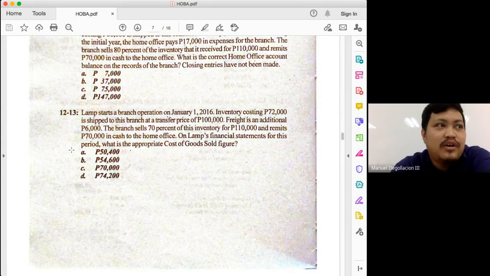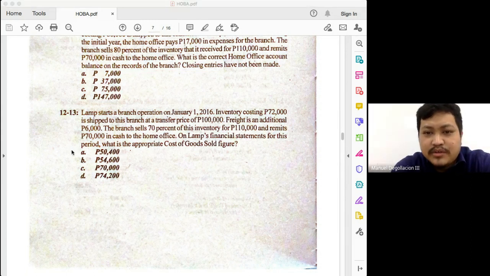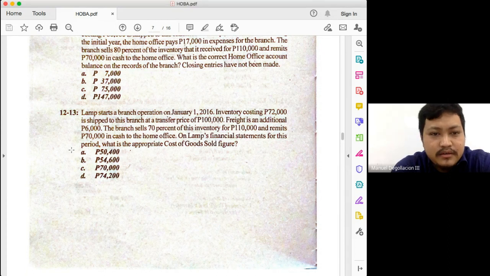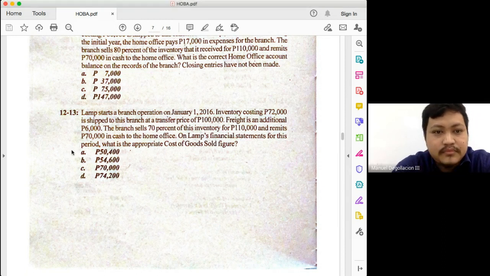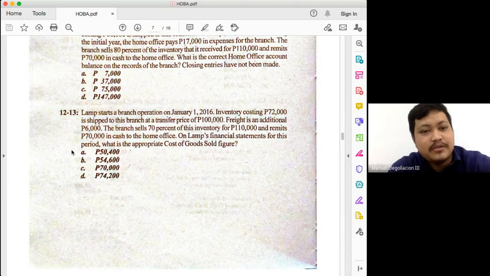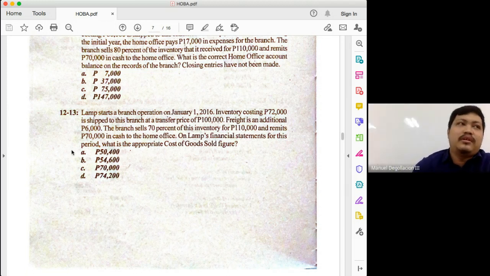So the total cost, including freight, for the goods received from the home office would be how much? 78,000. Okay, and then you get 70%. How much is 70% of 78,000? 54,600. Then that would be already your answer.